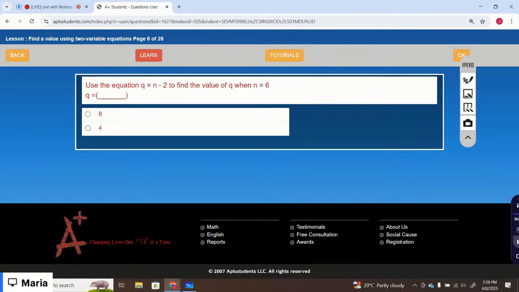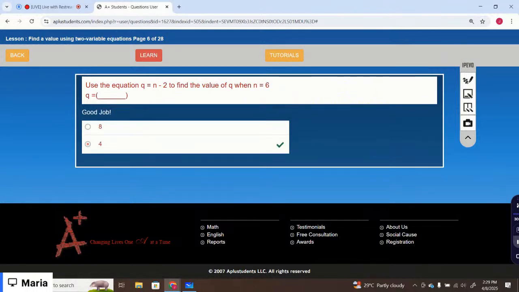Use the equation q equals n minus 2 to find the value of q when n equals 6. Option number 2 is the correct option. 6 minus 2 equals 4.